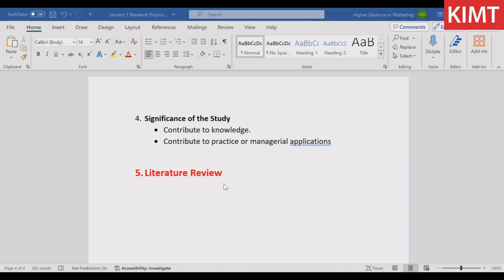However, when you write a literature review, there are some techniques to follow that I'm going to show you with a PowerPoint presentation.